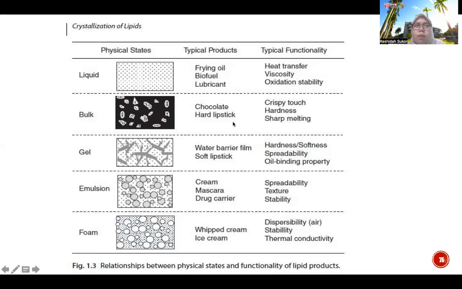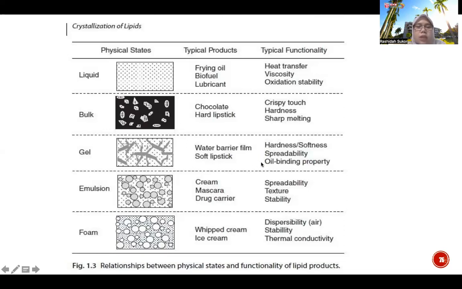Lipstick is actually made using a lot of fats and oil. When making lipstick, you have to put in the fat component. Typical functionality for this type of physical state is hardness, sharp melting point, and also crispy touch.